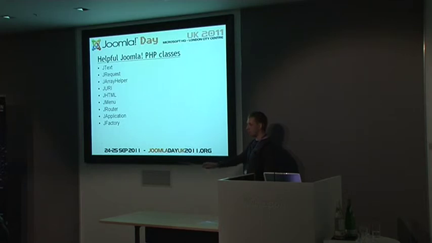It needs to build a menu, it needs to build modules, it needs to build a component, it needs to build the SEF link. It needs to do everything, and then it passes to the template, and from the template you can see that.